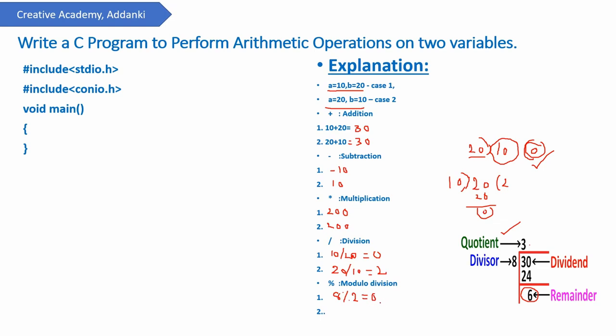In a similar manner, the cases that we are considering here are 10 modulo division 20. When we perform modulo division on 10 with 20, as 10 is the lesser value, the lesser value will be returned, that is equal to 10. As it is not divisible, the remainder will be 10. In the case of the second one, 20 modulo division 10.